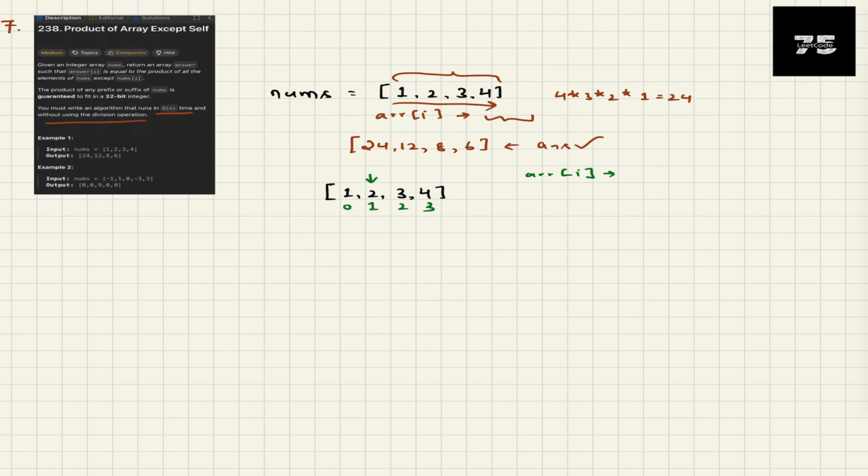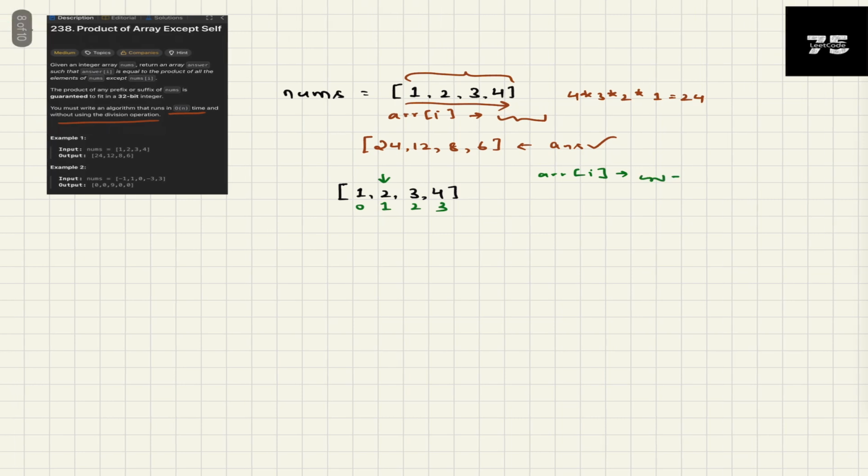I need everything that is multiplied before this, and let's call this my ith element, and everything that is multiplied after this. So I need this multiplied by this, right? So 4 2s are 8, 8 ones are 8. Okay, and this is my answer of 1.